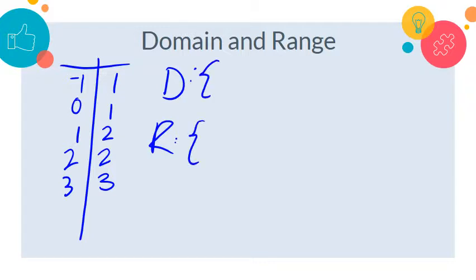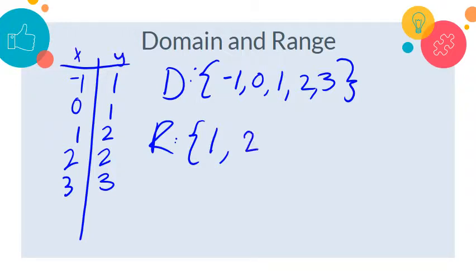Then we list in numerical order from least to greatest. And the third thing was no repeats. So on my range, my outputs, or my y values, we would only say 1, 2, 3, and close with a squiggly bracket. So squiggly brackets, numerical order, and no repeats.